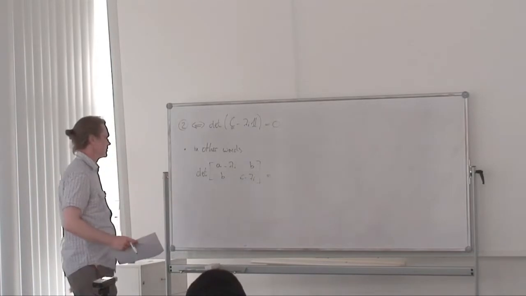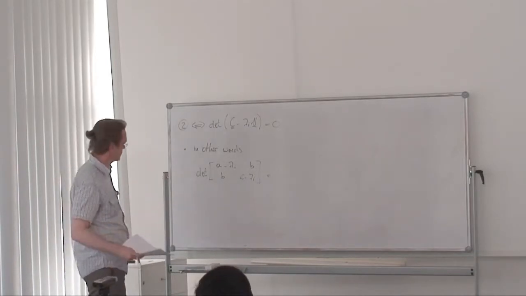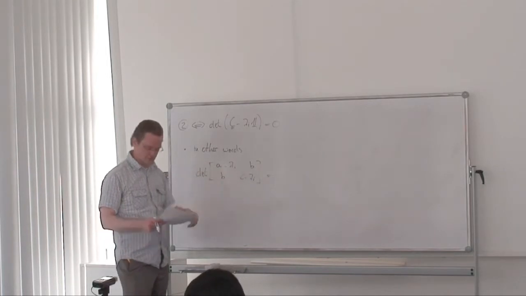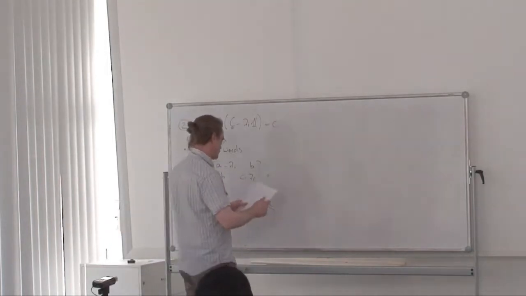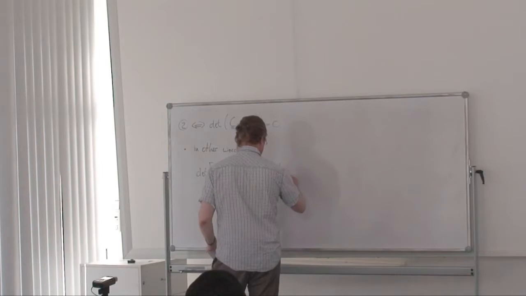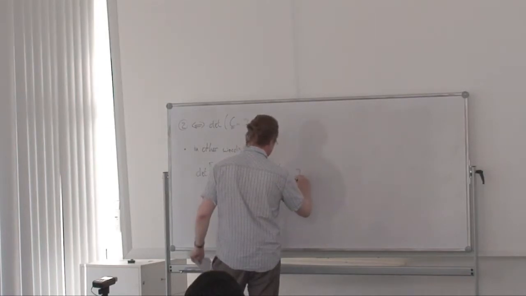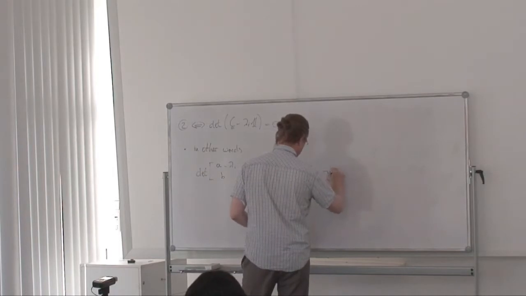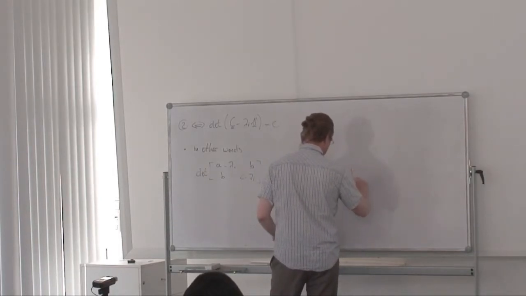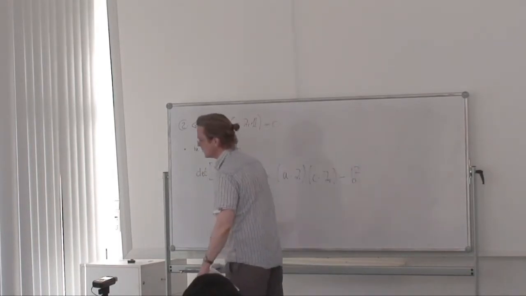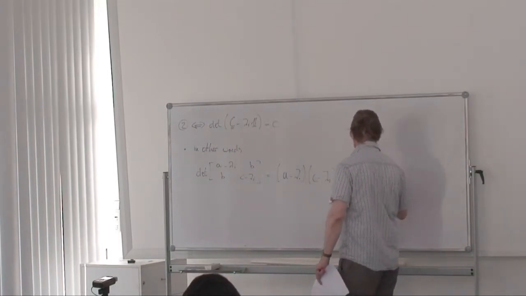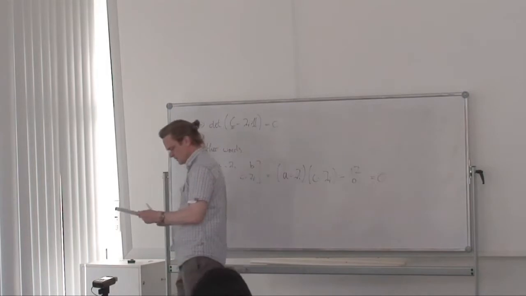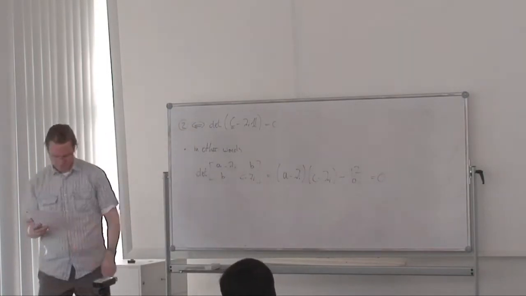What is the determinant of a 2 by 2 matrix? Basically, this entry times that one minus the product of the off-diagonal elements. So we have A minus lambda I times C minus lambda I minus B squared, and all of this has to be equal to 0. That is what we figured out.